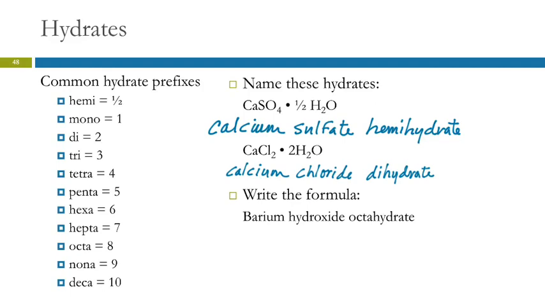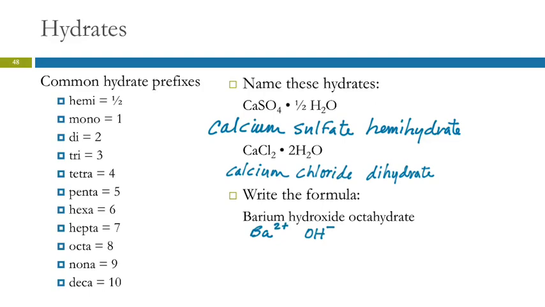Barium hydroxide octahydrate. So we need to look at the 2 ions and their charges so that we know how to put them together. So hydroxide we memorize has a -1 charge. What's the charge on barium? 2+ because it's in group 2.